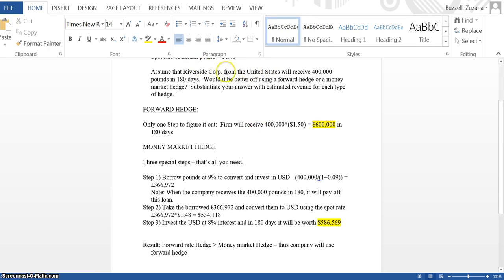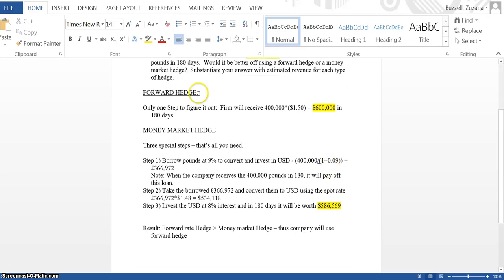The company is located in the United States, right? So they're getting the pounds in 180 days. So what's better for them? Let it go to the forward hedge and use the forward rate, or use this complicated money market hedge? No, they will definitely go with the forward hedge, the $600,000, because that's going to give them more money.